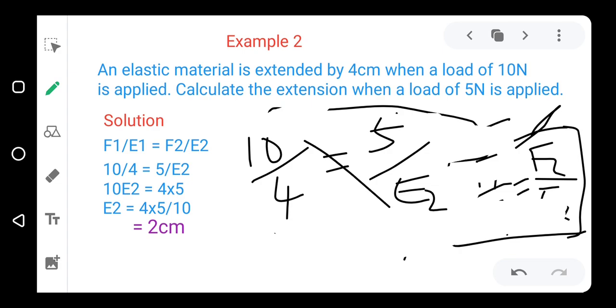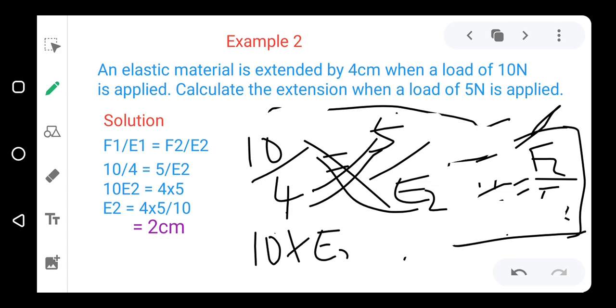Now if you do cross multiplication, that means this one going to this one and this one going to this one, and that will give us 10 times E2 is equal to 4 times 5. We can now make E2 the subject of this formula, and when we do that, we have that E2 is equal to 4 times 5 divided by 10, and that gives us 2.